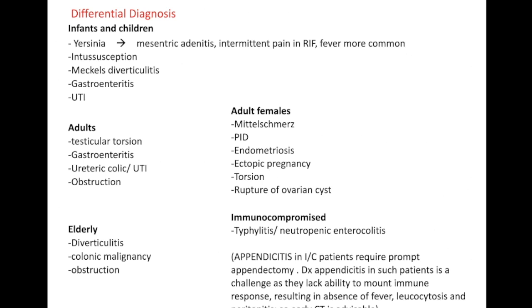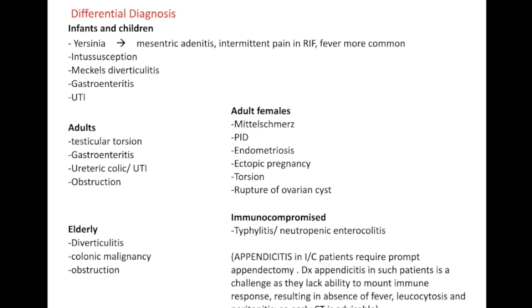For adult males, testicular torsion along with UTI and gastroenteritis should also be ruled out. For females, Mittelschmerz and PID along with endometriosis should be kept in mind. An ectopic pregnancy is always an important differential and should be ruled out.